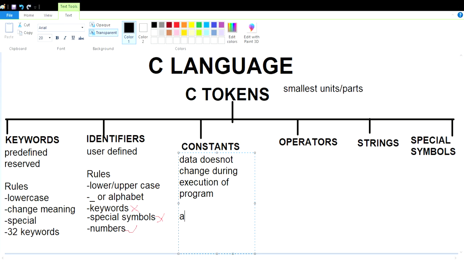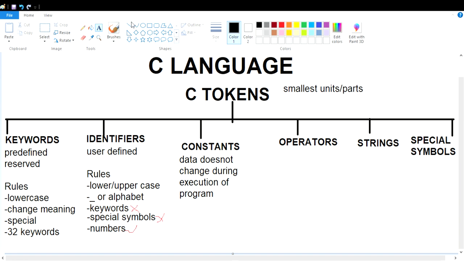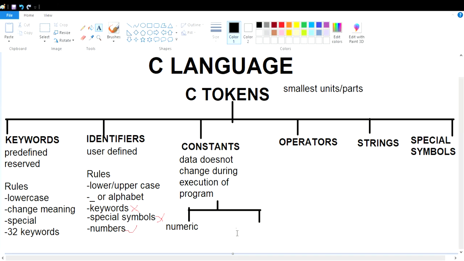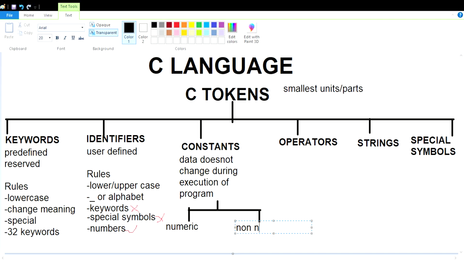These constants are again classified into two types. What are those two types? The first one is numeric constant and the second one is non-numeric constant.